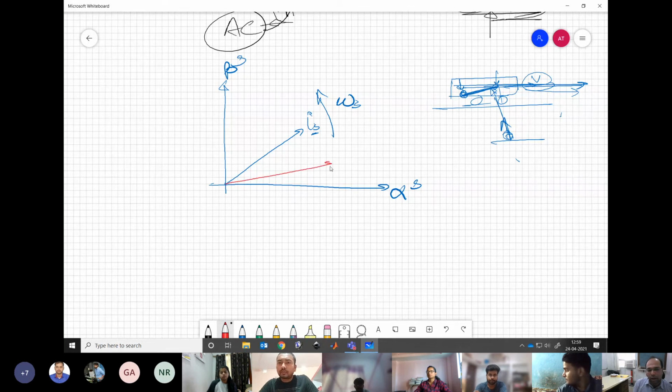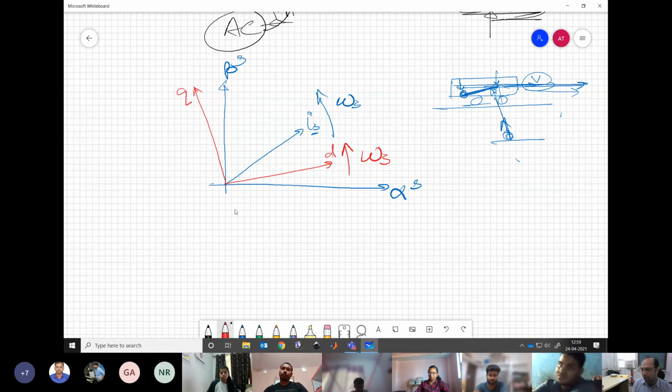So let us say I define a reference frame something like this, which is rotating at the same synchronous speed, let's say omega s, and I call it dq for some reason that we will discuss later. So what is happening? Now this reference frame is also moving with the same synchronous speed, and this quantity is also rotating with the same synchronous speed, which means what?